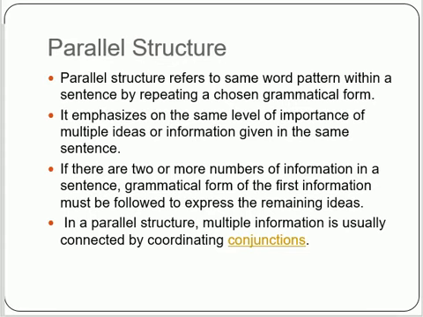If you have provided two or more pieces of information in a sentence, you have to keep one thing in mind, that the grammatical form of the first information must be followed to express the remaining ideas. In a parallel structure, multiple information is usually connected by coordinating conjunctions.